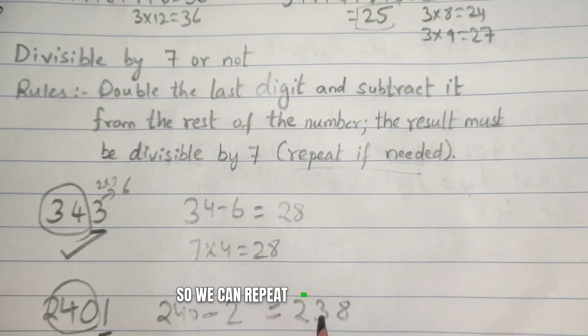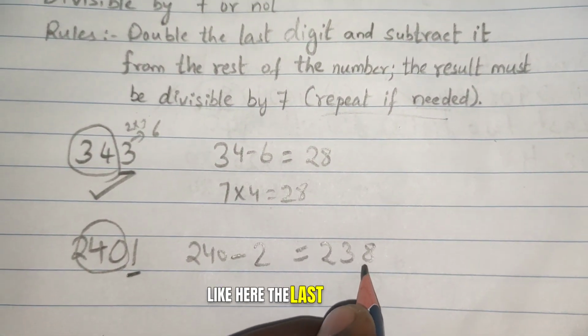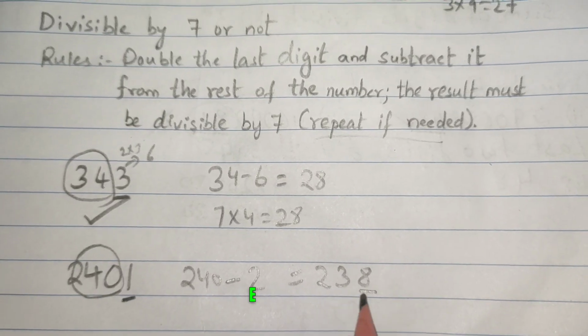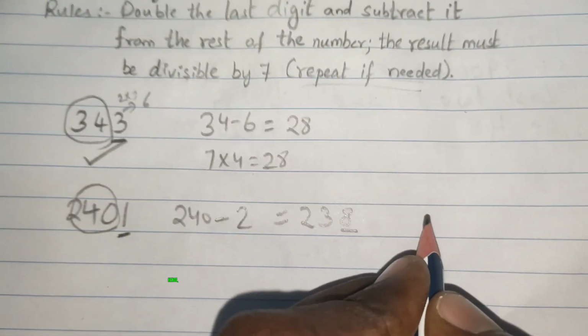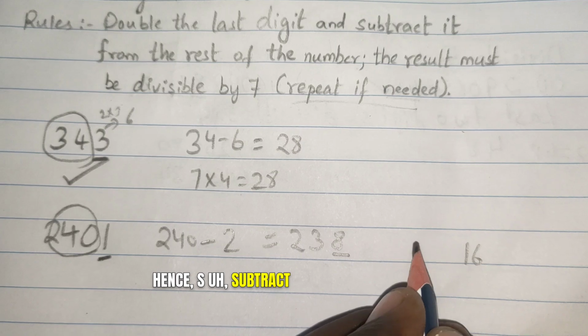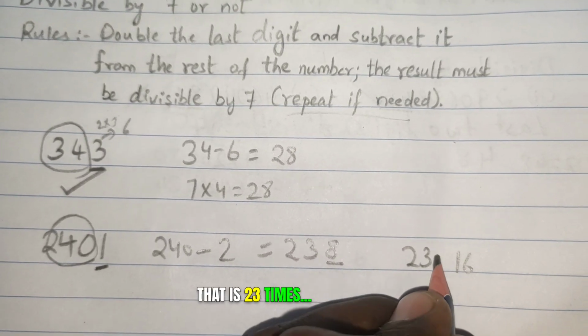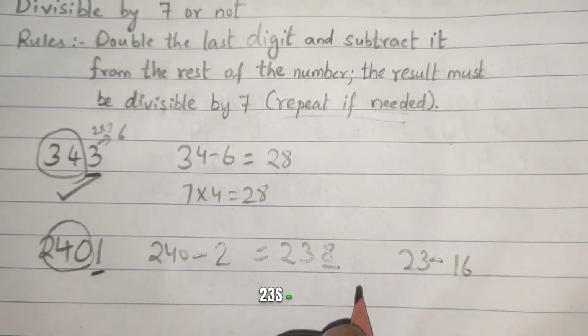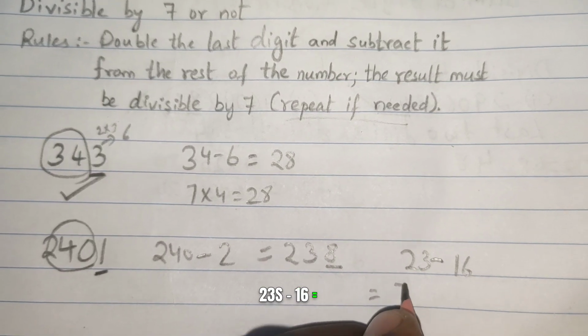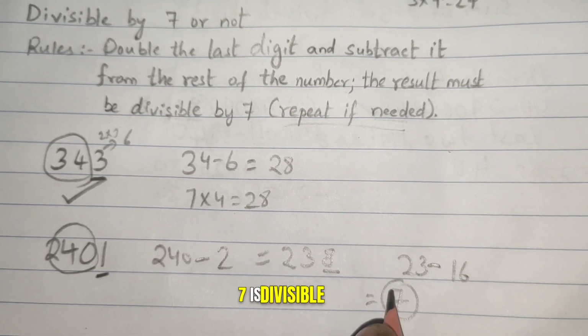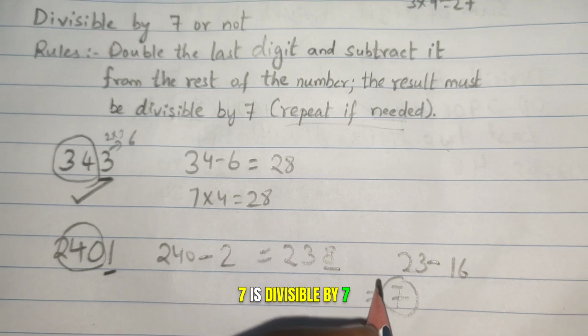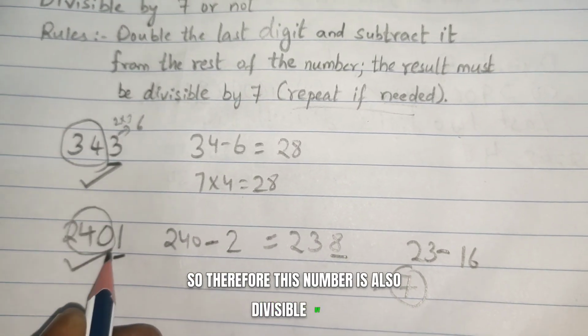So we can repeat this process again. Here the last digit is 8. Double of 8 is 16, and subtract it from the remaining digits, that is 23 minus 16. 23 minus 16 is equal to 7, and 7 is divisible by 7. So therefore this number is also divisible by 7.